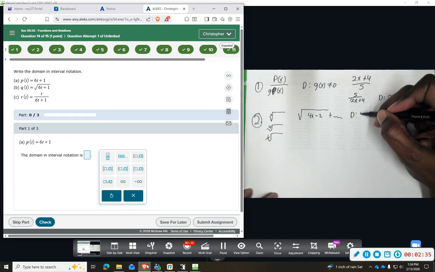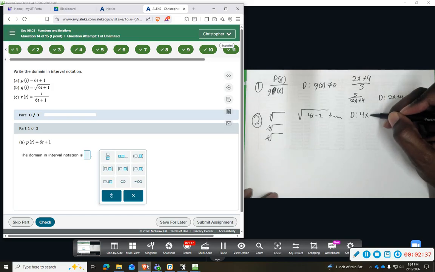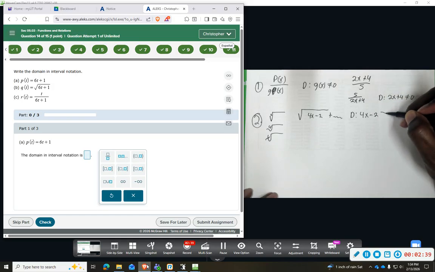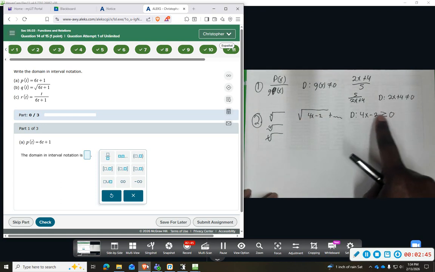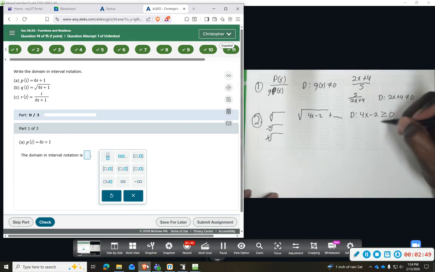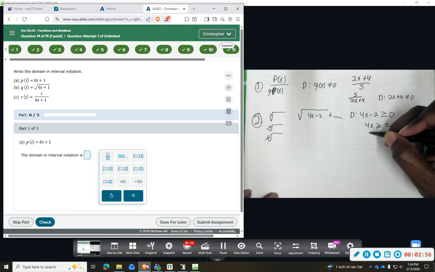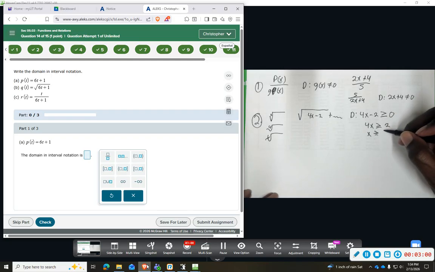So you would say domain: 4x minus 2 has to be greater than or equal to 0. You cannot take the square root of a negative number, so therefore the condition is that it needs to be nonnegative, and you solve for x. So for example, in this case, you would add 2, and that would give you 4x is greater than or equal to 2. You would divide by 4, and you would get x is greater than or equal to 1/2.